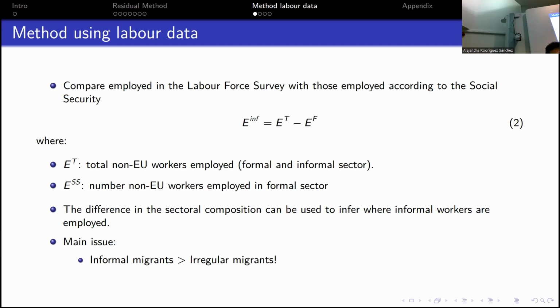Then I will go to the social security microdata and get, again, the sectoral composition, but that is only for formal workers. So the difference between the two sectoral compositions will give me the idea of the sectoral composition of the informal workers.